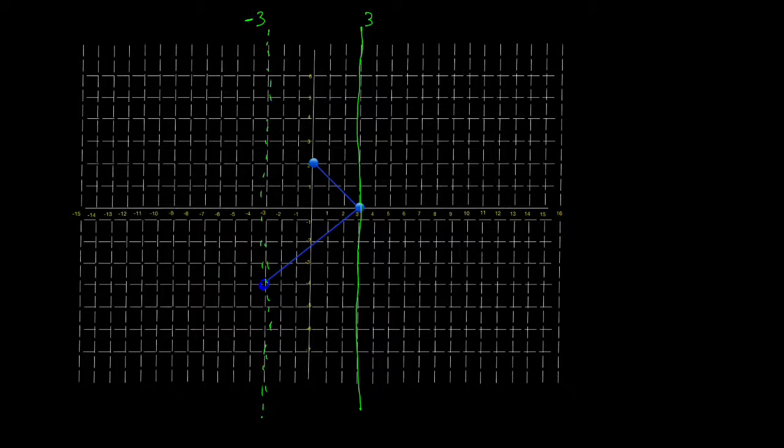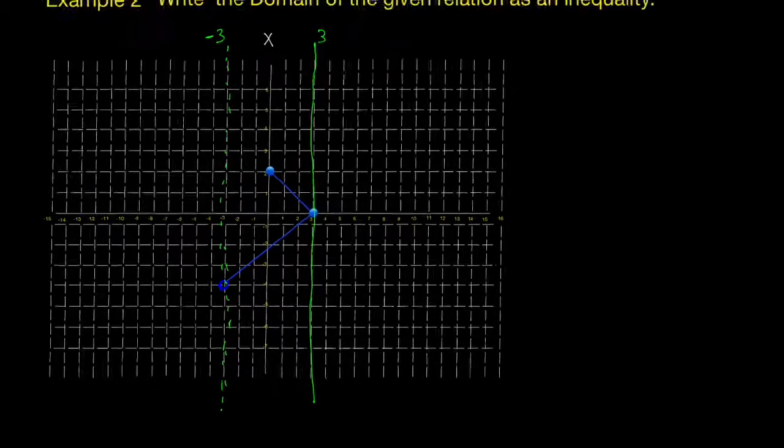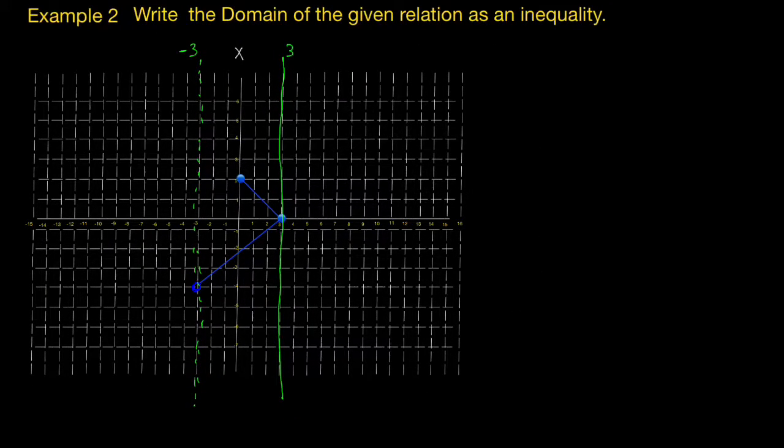Now we want to specify this region. We want to specify the domain. And we can see that the domain is from -3 all the way to +3. So that's going to be my lower bound and my upper bound here. Let's express this using an inequality. So we have -3, we have +3, we have x.